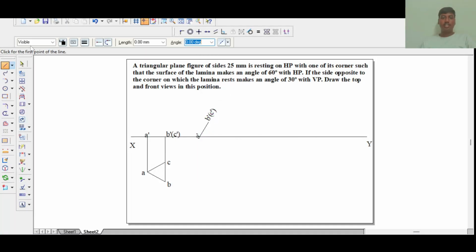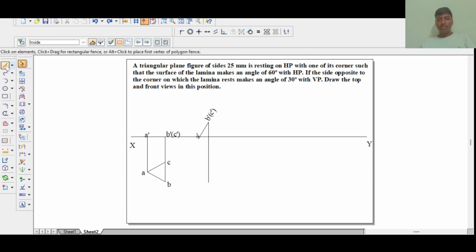So next, take normal lines and then from B dash C dash to tab minus 90 and then until B. And then trim the excess part.